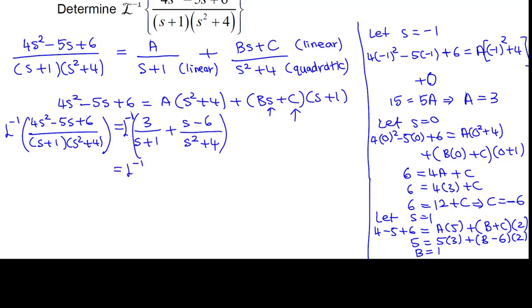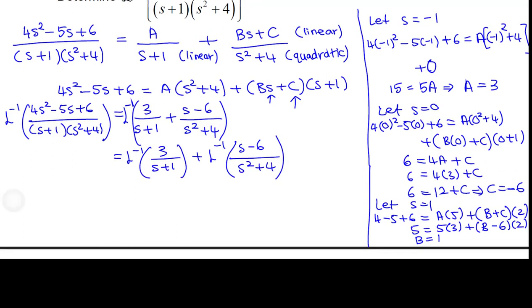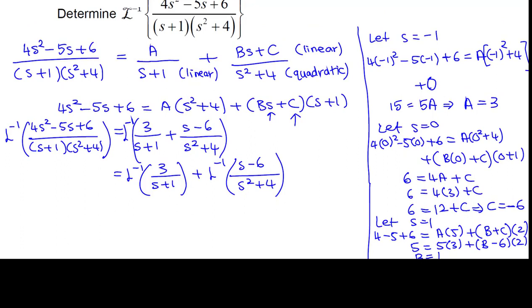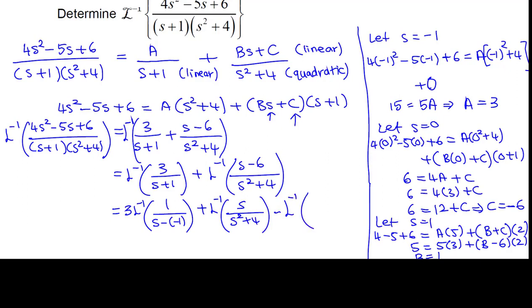So Laplace inverse 3 over s + 1 plus Laplace inverse (s − 6) divided by s² + 4. So this one is 3 Laplace inverse 1 over s − (−1). And then plus, you have to split this: Laplace inverse s divided by s² + 4, and then minus Laplace inverse 6 divided by s² + 4.